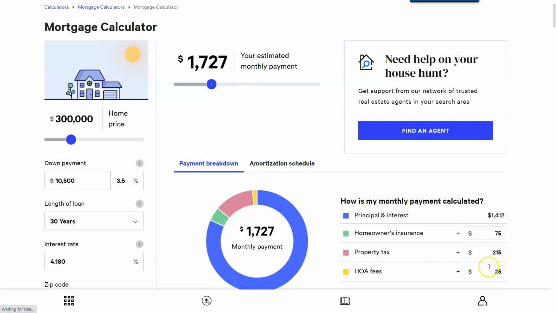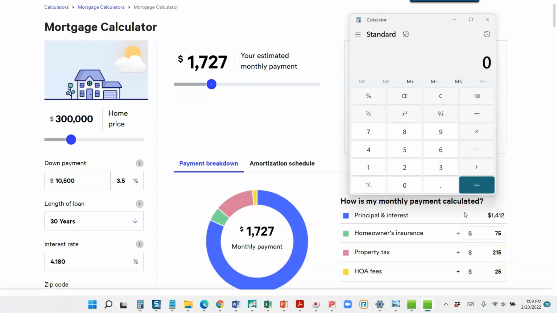So these are in escrow. So you're going to pay homeowners insurance 12 times a year. Property tax and homeowners association is going to be paid 12 times a year. So that will be your total. So let's just say, for instance, at $75 a month, I'm expecting my homeowner's insurance to be how much? 75 times 12, right?